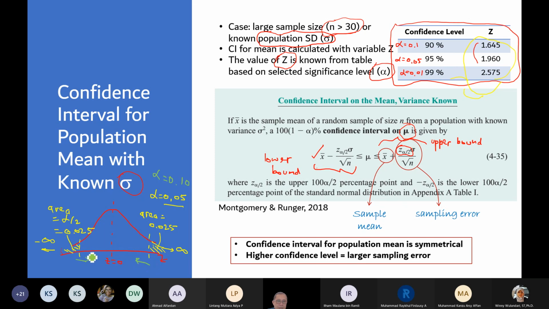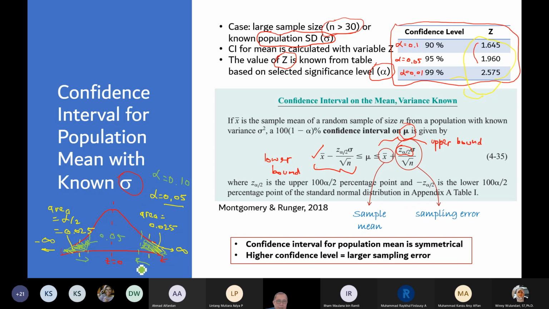Now the limit is here. From minus infinity to this limit, this area is 0.05. Likewise, this area here is also 0.05. So the total becomes 0.1.